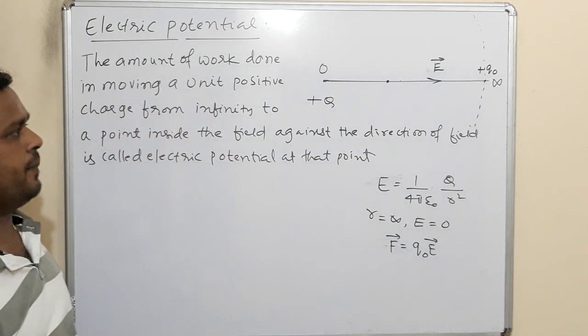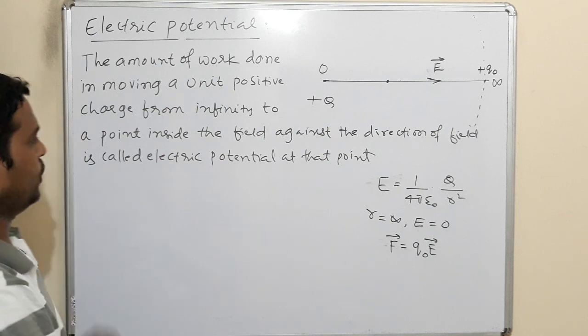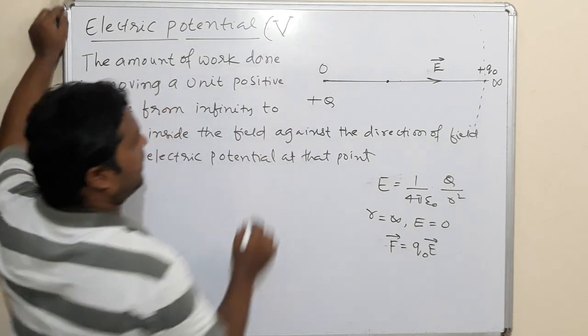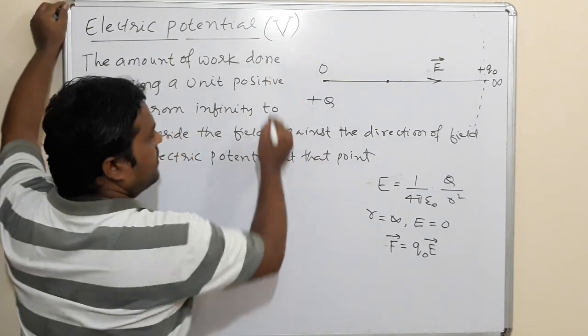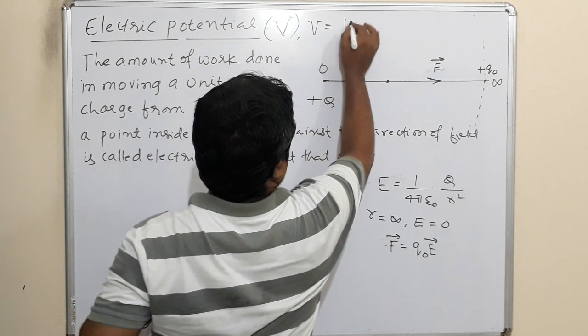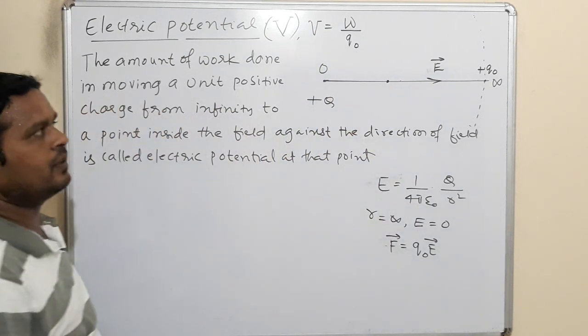How much work I am doing, divided by the charge brought, gives me the potential. Potential is usually denoted by a capital letter V. The potential at any point is equal to the amount of work done per unit positive charge.